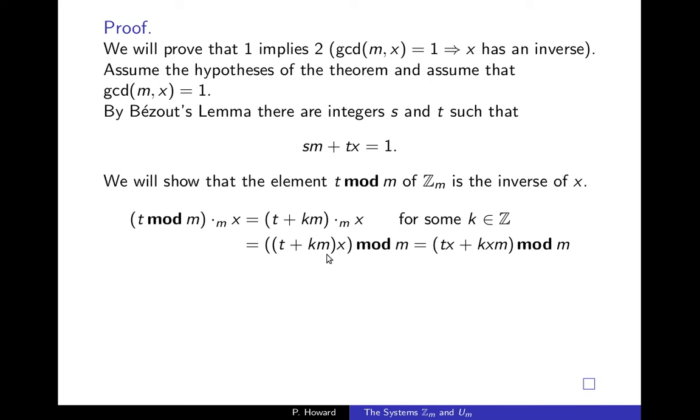And then inside the mod m, we're just doing a little bit of algebra. We're multiplying through by the x. So we get t times x plus k m x. And now we're going to use the inserting and deleting multiples of m lemma to delete this multiple of m inside the mod m.